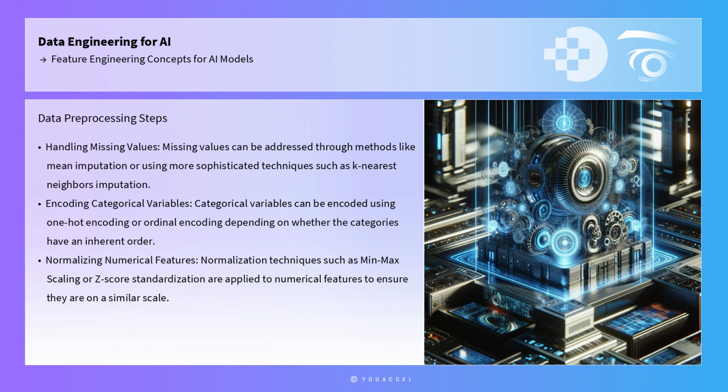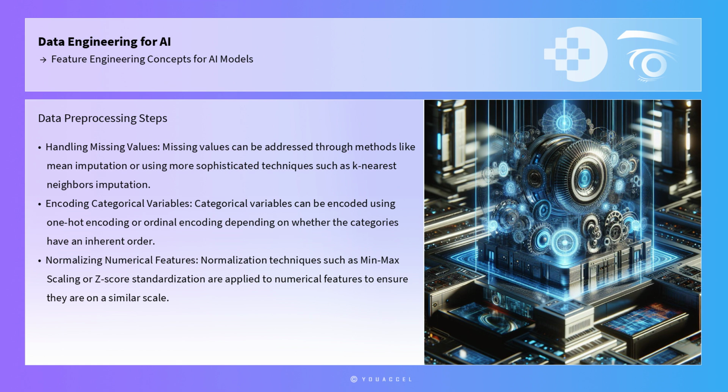Once the data is well understood, the next step is to clean and pre-process it. This stage involves handling missing values, encoding categorical variables, and normalizing numerical features. Missing values can be addressed through methods like mean imputation or using more sophisticated techniques such as k-nearest neighbors imputation.